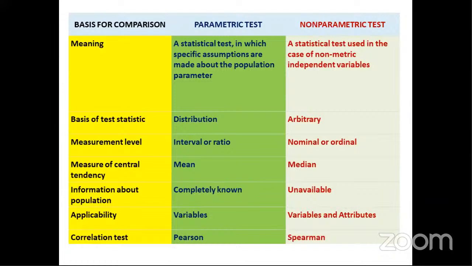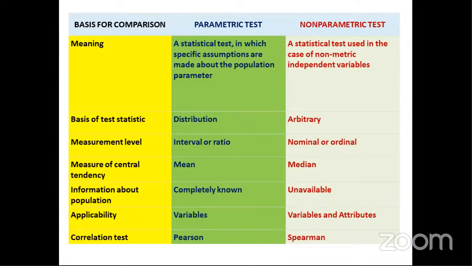So if the information that you have about your target population is completely known, then you can use parametric. But if the population where you gathered your data is unavailable, then it is non-parametric.